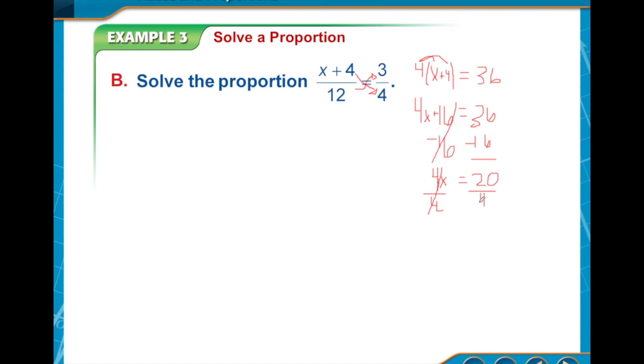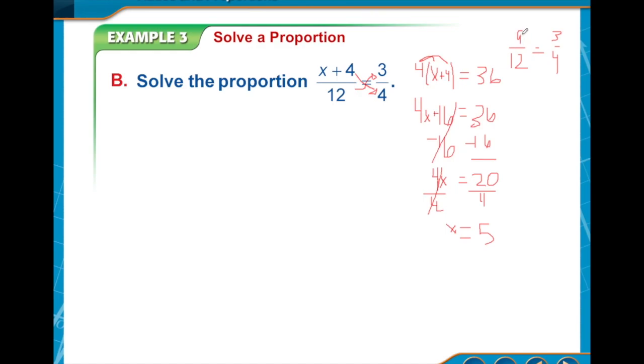X will equal 20 over 4, which we know is 5. So x has to be 5. And we can plug that in and think about it here. 5 plus 4 is 9. And 9 over 12 is equal to 3 over 4.